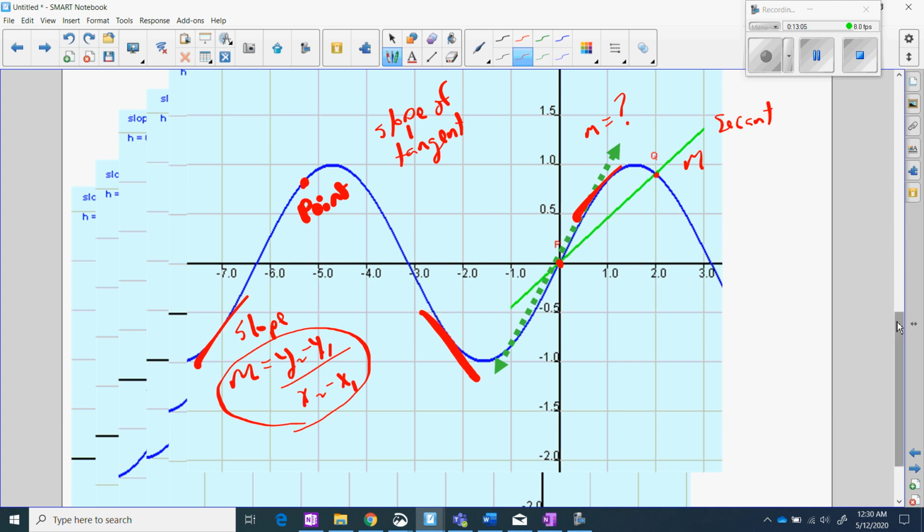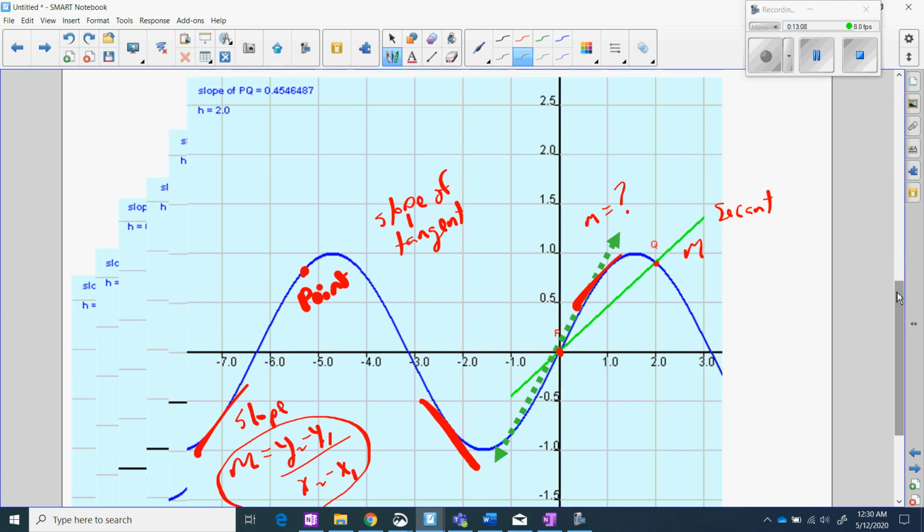Well, now just bear with me here. I don't know what's going to happen here. I'm going to take this point Q, and you'll see I got a bunch of slides overlaid on top of each other here, and I'm going to delete them. And every time I delete one, I'm going to move the point Q a little bit closer to this point. What you should notice is that the secant is going to be slowly coming around as I draw it on here, and it's going to be getting closer to laying on top of the tangent line.